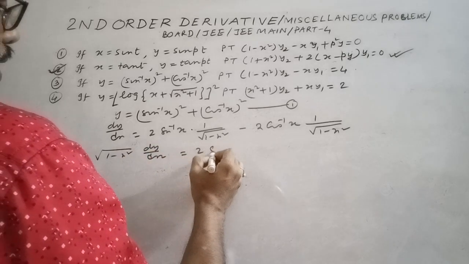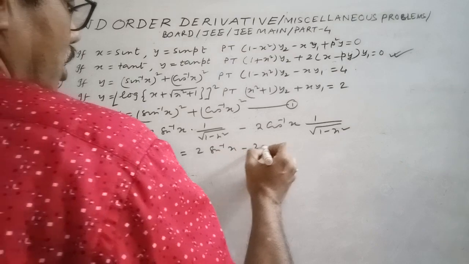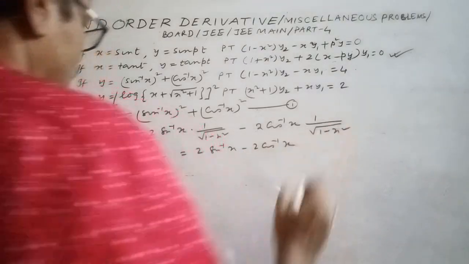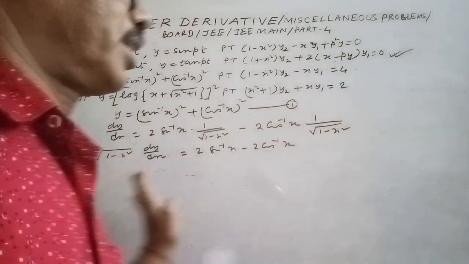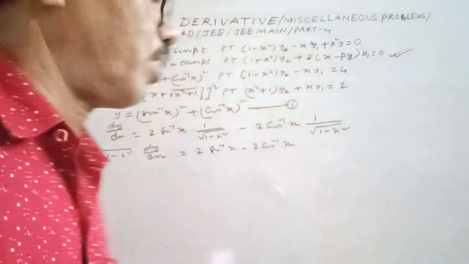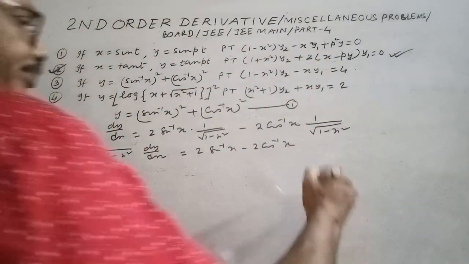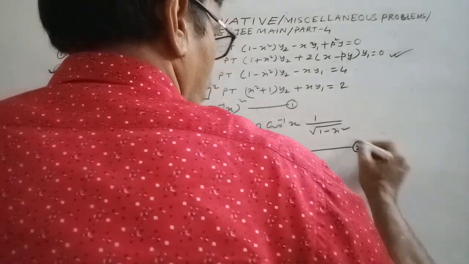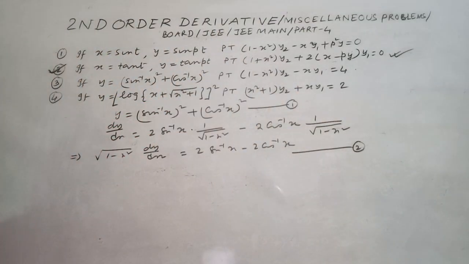So root(1 minus x square) y1 equals 2 sin inverse x minus 2 cos inverse x. Then you can take the square also, or you can perform the direct derivative.